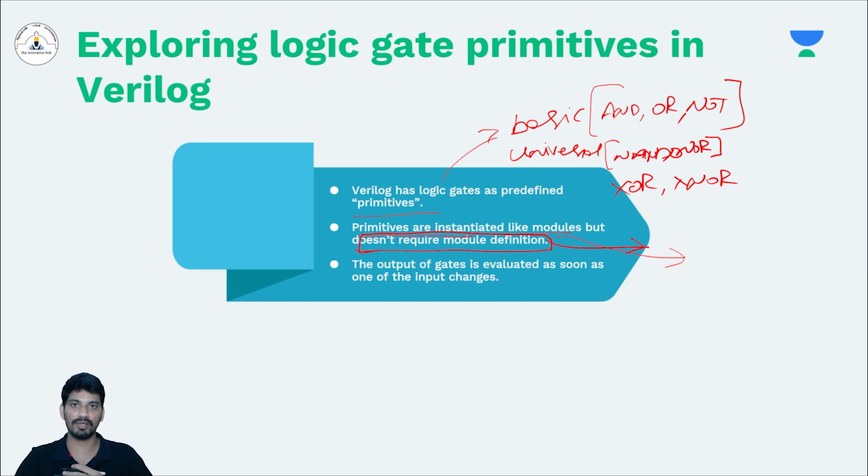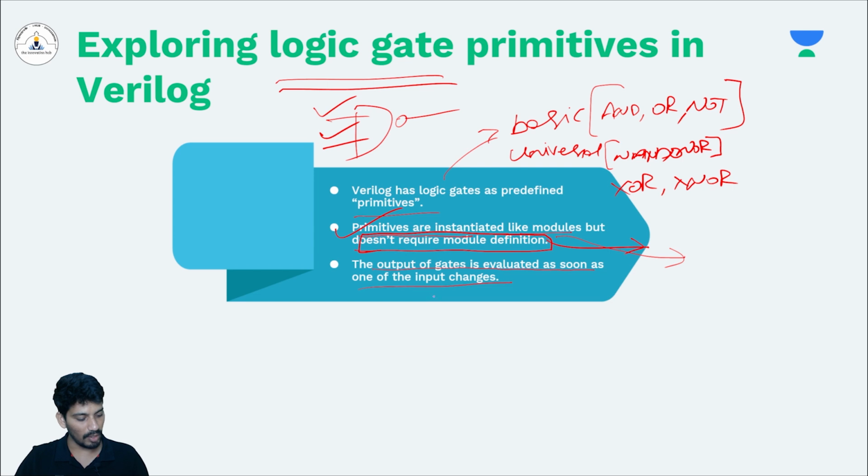But in the case of user defined modules, we have to provide user defined names also while instantiating. So that is one thing. And the next thing is the output of gates is evaluated as soon as one of the inputs changes. Since they are logic gates, they are combinational circuits. The output of these gates is evaluated as soon as one of the inputs is changed.